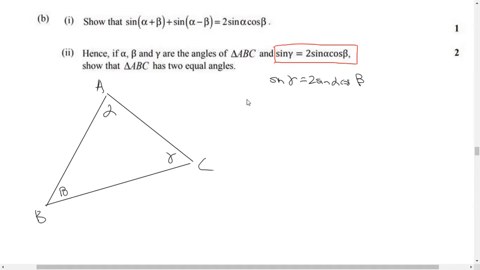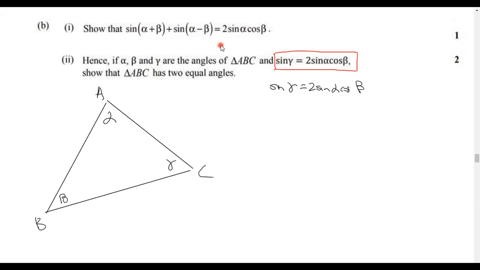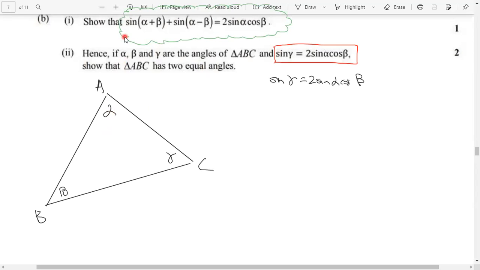Now, this probably is going to be a little bit helpful because remember, this is part two, which really means you should be thinking about how you might use an earlier part.